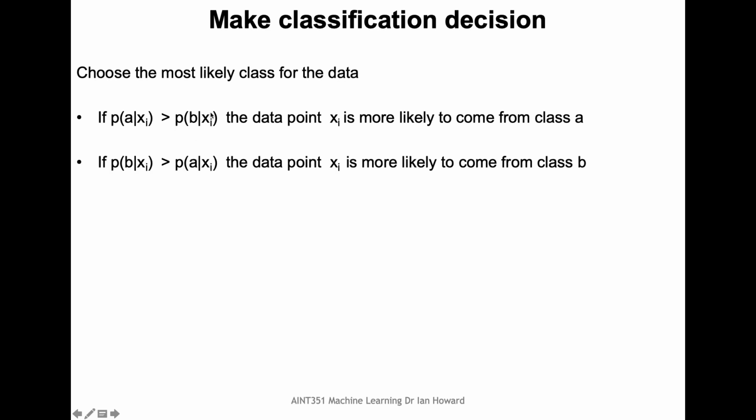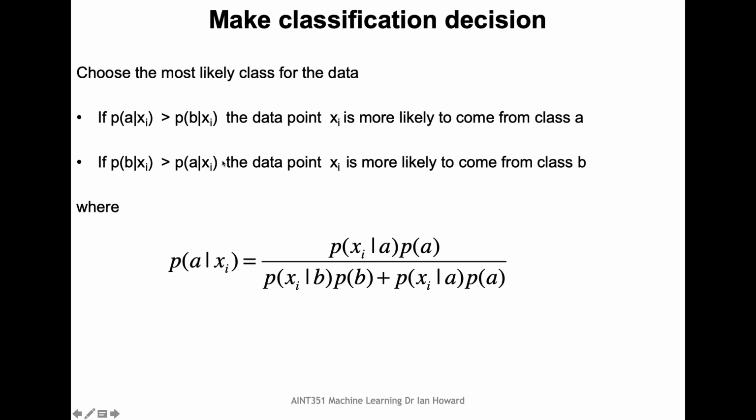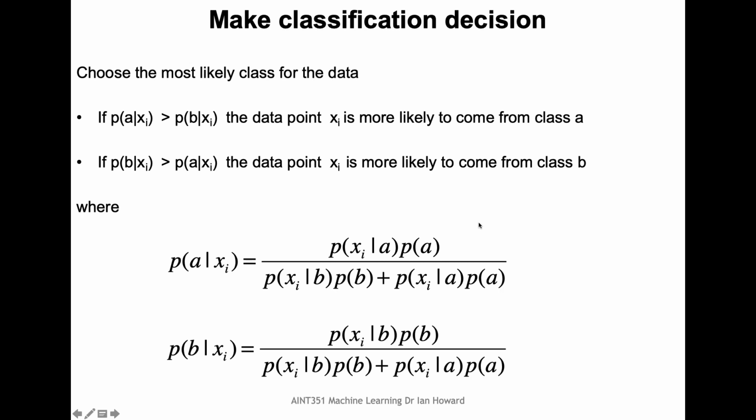And similarly, it's class B if the probability of class B given the data is greater than the probability of A given the data. So all we have to do now is calculate these terms like we just did. We just use our expressions that we calculated using Bayes' rule. We have to calculate these out. And as I said before, because these denominator terms are exactly the same in both, when we actually do this comparison, we can ignore them, which makes life a little bit more manageable.